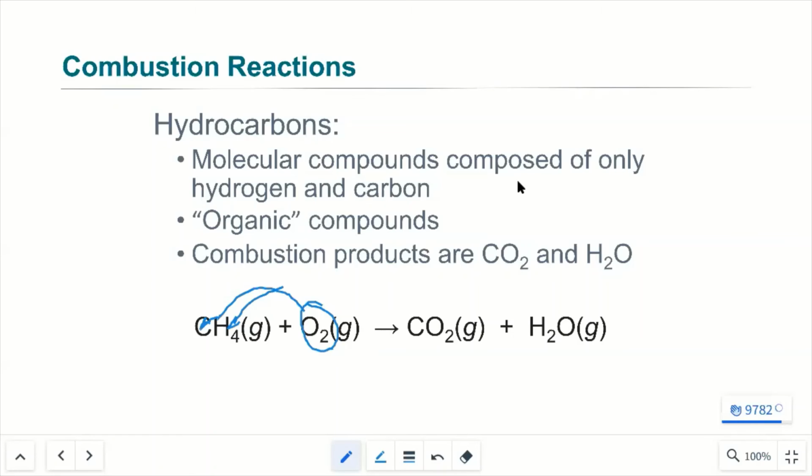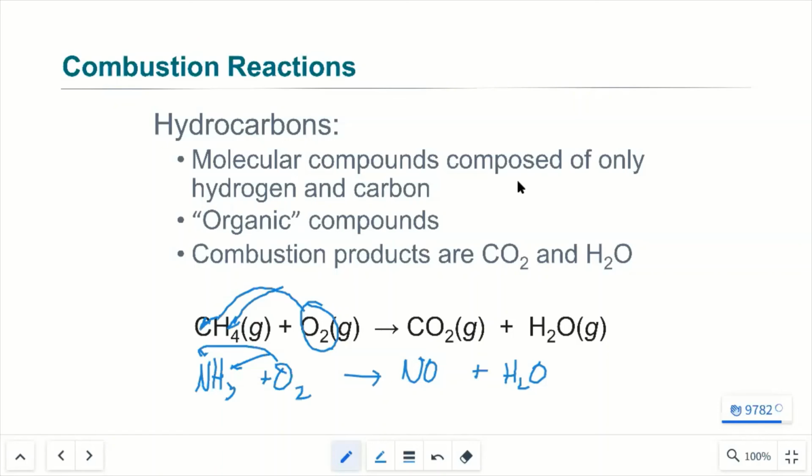So, for example, if I had ammonia here and it reacted with oxygen, the oxygen would do the same thing. We would get a nitrogen oxide and water in that case. Now, as far as this proficiency is concerned, we don't need to worry about anything other than hydrocarbon reactions. That's why we focused on them. But understand that there are other kinds of combustions that can occur.